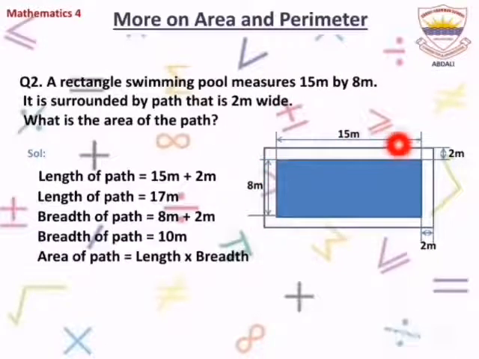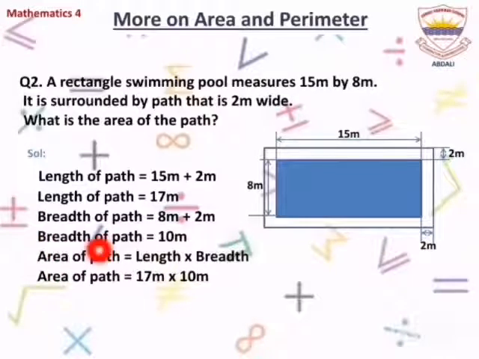Now students, let's find out the area of the path. It is a rectangular shape. Area of the path is equal to length multiplied by breadth. The length of the path is 17 meters, multiplied by the breadth of the path, 10 meters.